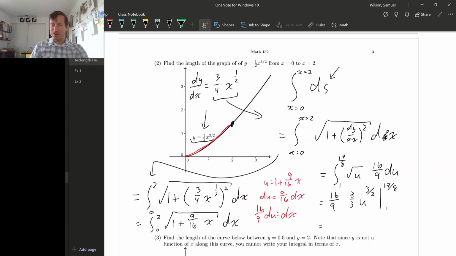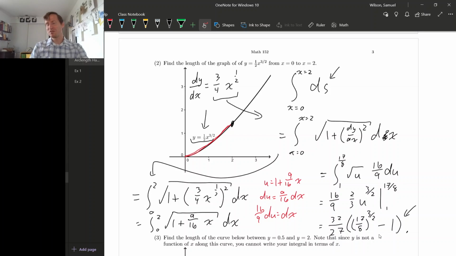Okay, so 16 times 2 is 32 over 27 times 17 over 8 to the 3/2 minus 1 to the 3 halves, so minus 1. It's possible we could simplify this a little bit more, but I'll leave it like this.